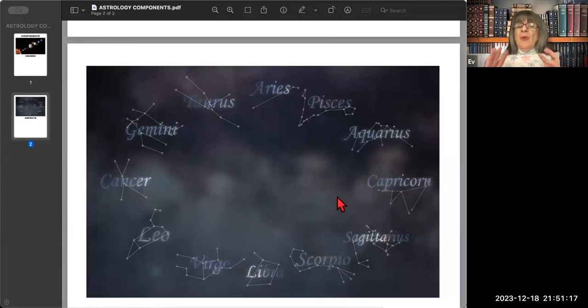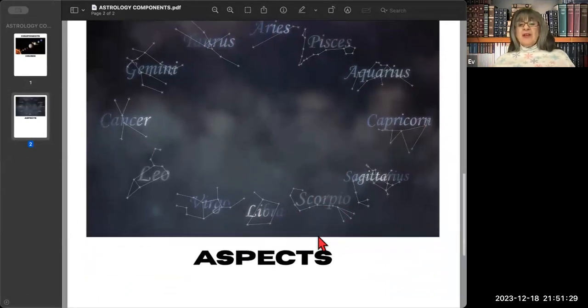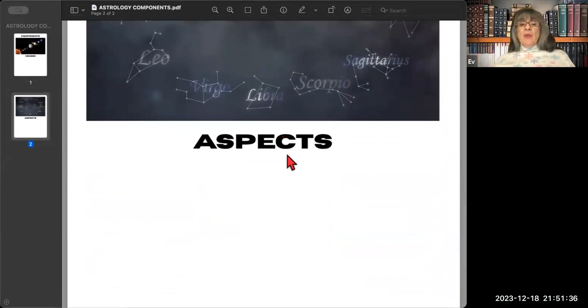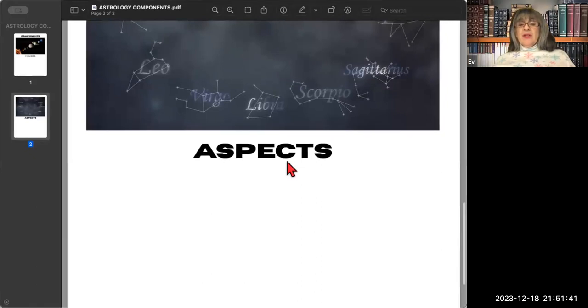So if you remember one thing, that everything is moving, then you'll understand why there's different components and aspects to the different points and planets. So the aspects are nothing more than relationships of the planets and points to each other. And now we're going to take a look at the next area.